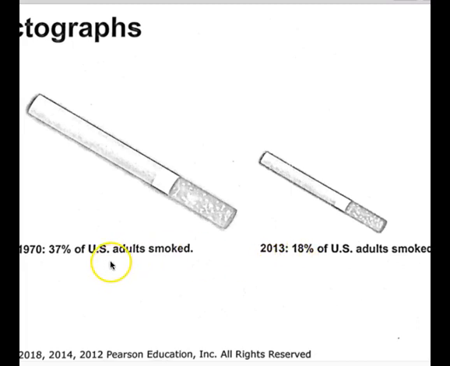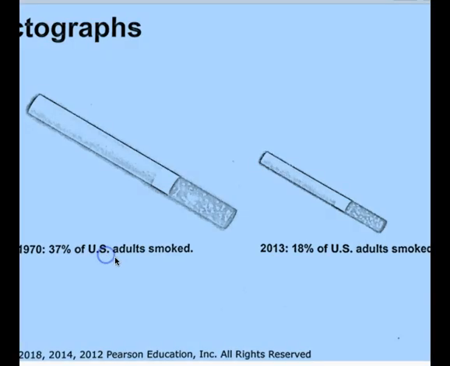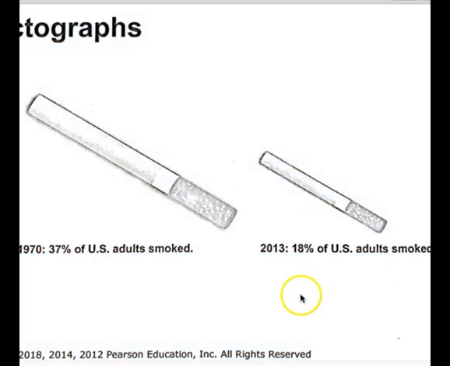So it's about twice as much for the 1970 data. However, because this picture has a length that's twice as much and a width that is also twice as much, that means that the actual area is going to be more than 2 times as big.